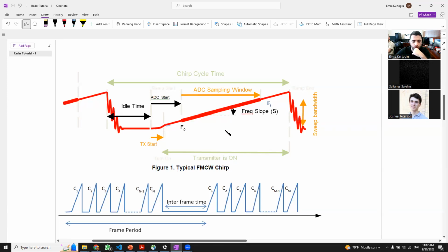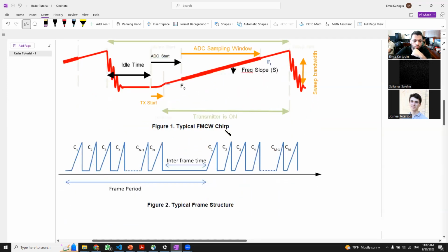Okay, now we can move on. So basically, this is one chirp, and we are, as we said, transmitting multiple of these chirps in a frame. For example, in this case, we have chirp 1, chirp 2, chirp 3, chirp 4.